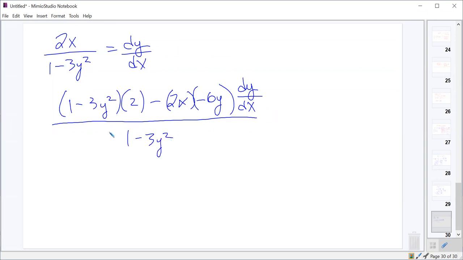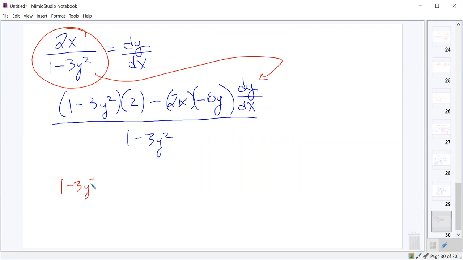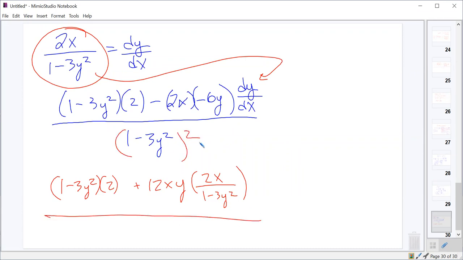This answer is not acceptable on the AP test. You have to go back in and replace that dy/dx with 2x over 1 minus 3y squared. So you'd end up with 1 minus 3y squared times 2, plus 12xy times 2x over 1 minus 3y squared, all over 1 minus 3y squared.